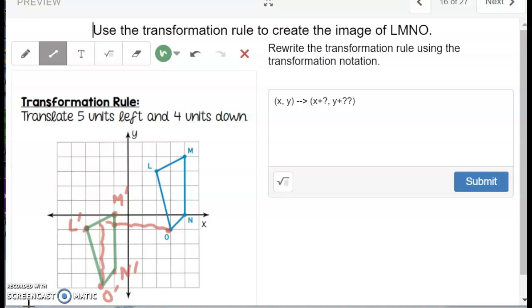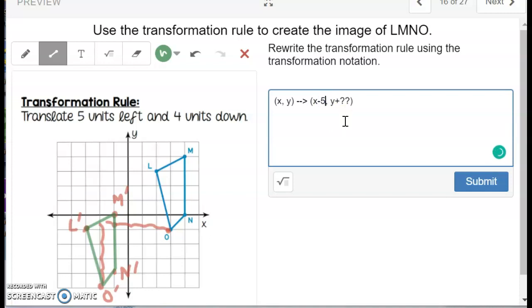Okay, when you're talking about moving left to right, we're talking about x being changed, right? So what's going on with x? Moving to the left means we are moving in the negative direction. So instead of plus 5, we are going to be subtracting 5 here. And here, 4 units down.